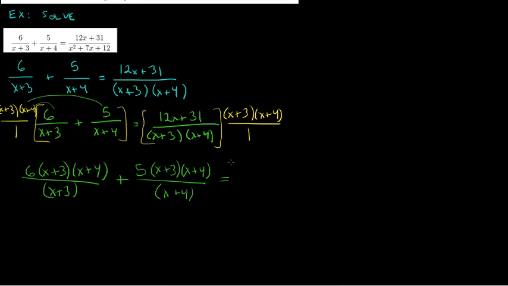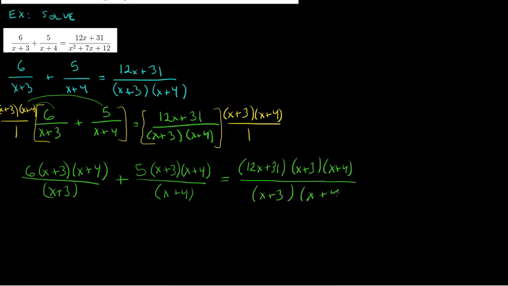On the right, we have 12x plus 31 times x plus 3 times x plus 4. Notice there's nothing to distribute here. This is only one term. Divided by 1 times x plus 3 times x plus 4. Well, again, we get a big mess here, but if we look carefully, we see that this denominator, x plus 3, cancels with this numerator, x plus 3.